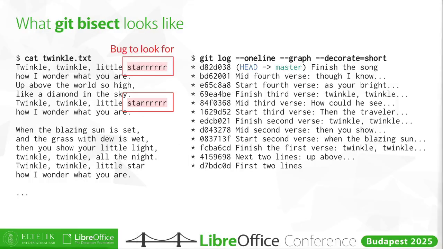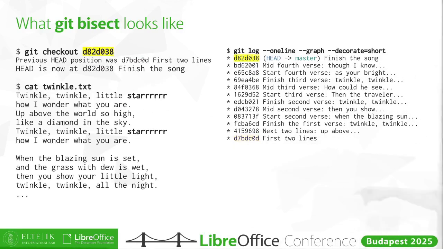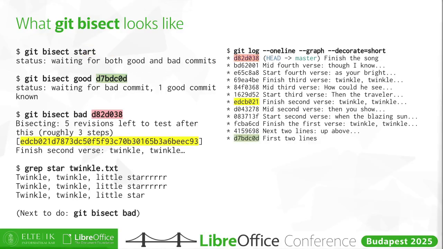In this case, this is the Twinkle Twinkle Little Star song lyrics, and I'm going to look for the misspelled star word. I have a list of commits. I know that the first one is good, and the most recent one is bad. So where did I make the change, right? I'm going to do exactly what I just said.